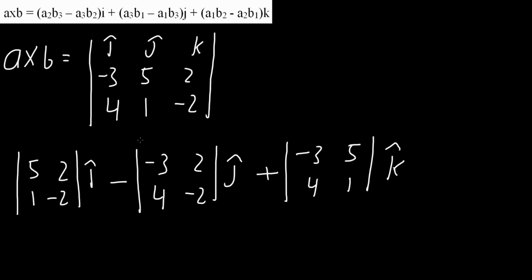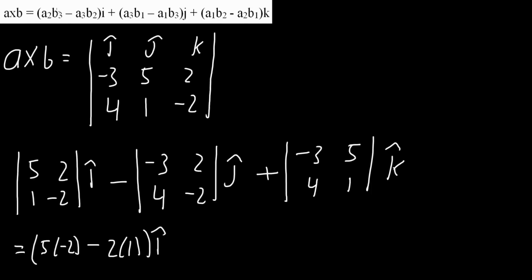And now this is going to be very close to this formula right here. And I'll show you what I mean. So A cross B will equal 5 times -2 minus this diagonal here, 2 times 1. And this will be I. Now let's check our formula.